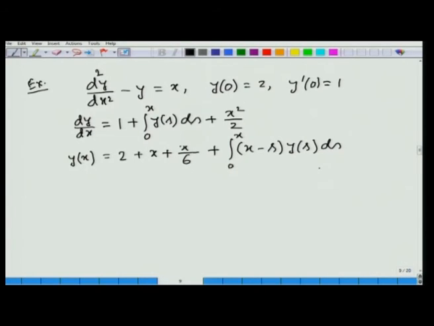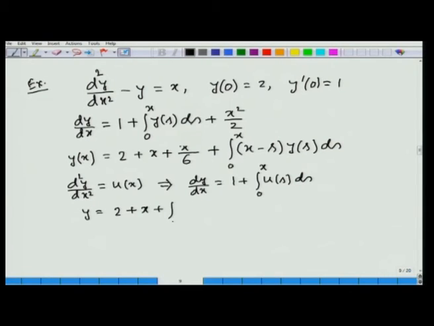So, this is an integral equation in terms of the unknown function y. But if you use the notation d2y dx2 equal to u(x), then integrating from 0 to x we can find dy dx equal to 1 plus integral 0 to x u(s) ds, and again by integrating this expression we can find y equal to 2 plus x plus, using the replacement formula, integral of (x minus s) u(s) ds.